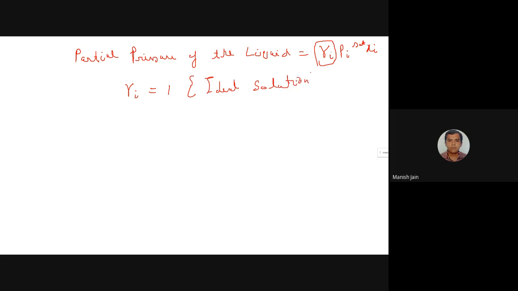Any value apart from 1, you have the non-ideal solution. So you have the modified Raoult's law, which tells you that P y_i should be equal to gamma_i P_i^sat x_i. Here gamma_i is the activity coefficient.